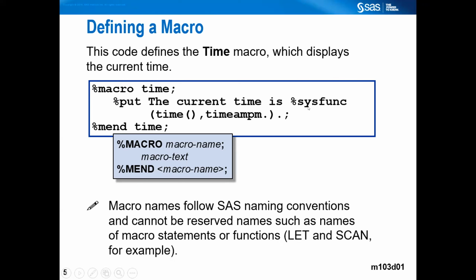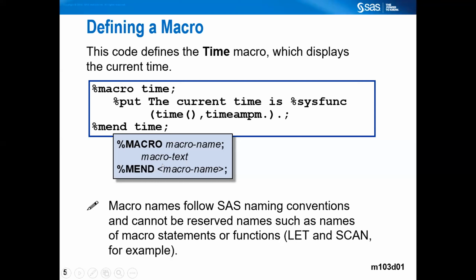So what is the statement? The current time is %SYSFUNC, where you are extracting the system time and applying a format. See the syntax: %MACRO, give the macro name, write the macro text, and end it with %MEND and the name of your macro. The name given here at the end is optional. Why?